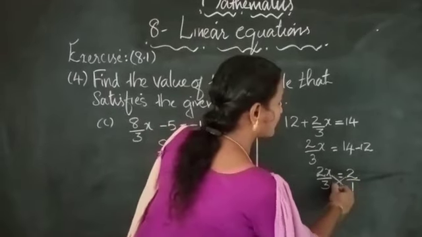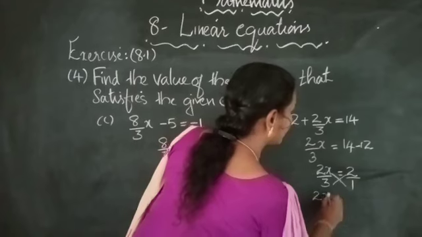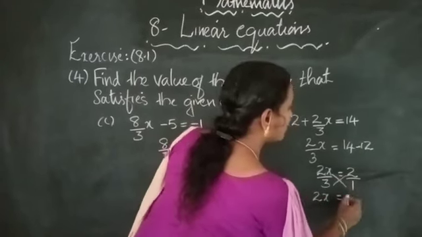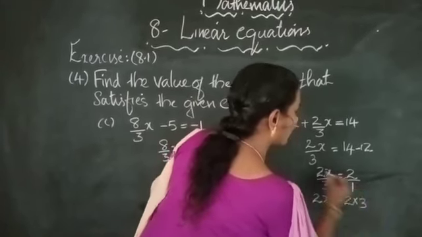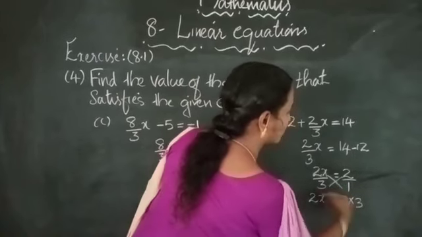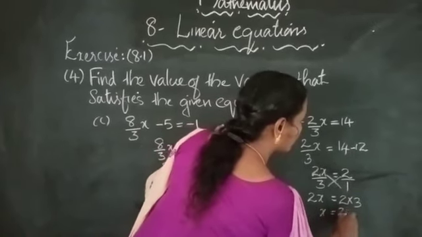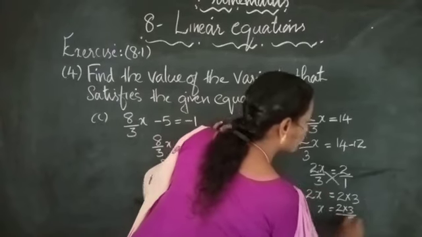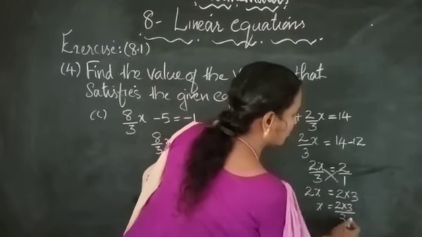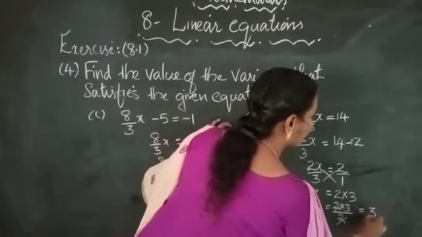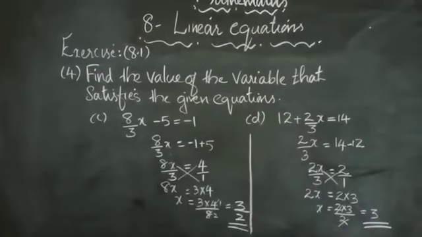By cross multiplying, 2x into 1, 2x is equal to 2 into 3. So x is equal to 2 into 3 divided by 2. 2 and 2 cancel. So x is equal to 3.